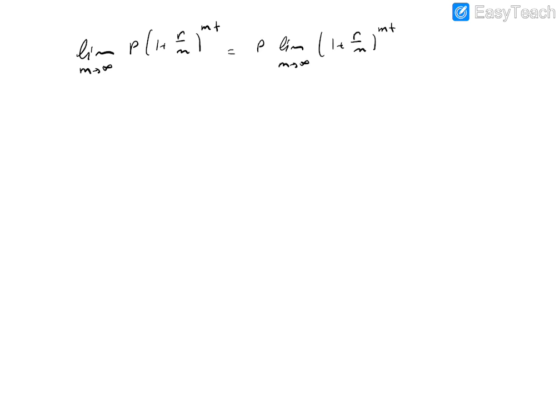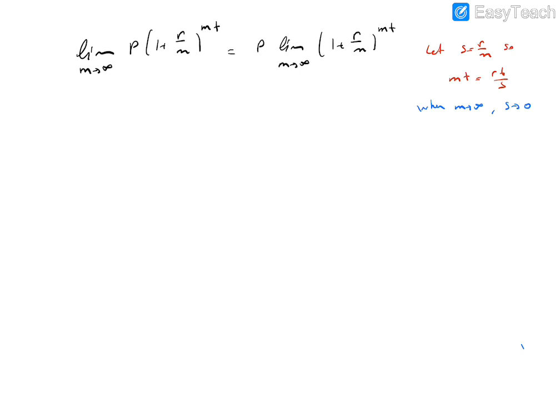By making some substitution we can obtain a familiar form. Let S equal R over m, so m times T equals R times T over S. In this case, when m goes to infinity, S goes to 0.